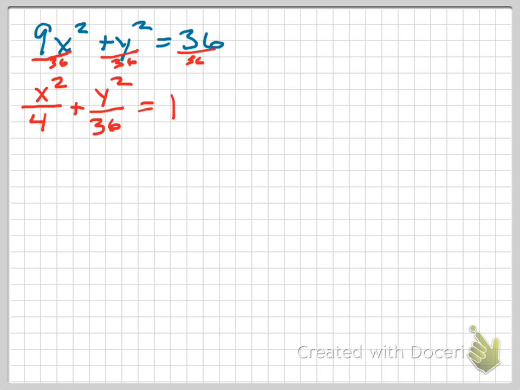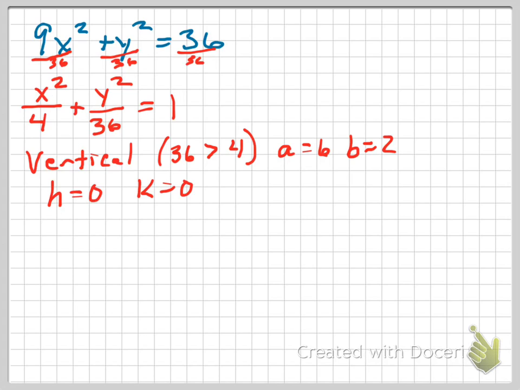So now what we can do is whatever it asks us to do. Okay, it's vertical because the denominator is under the y squared. And our values h and k are both 0.